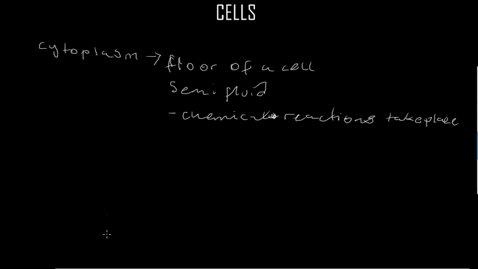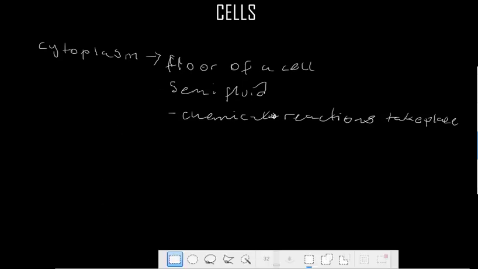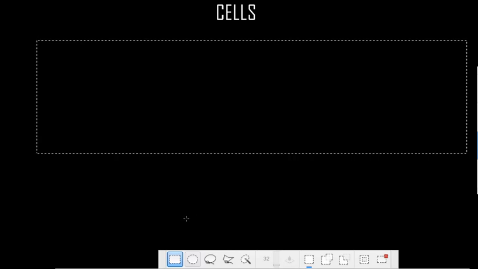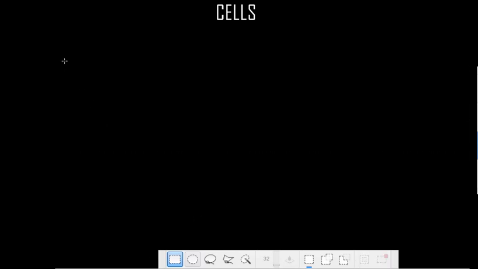And these three, let me just get rid of this. Okay. So these three, and by three, I mean the cytoplasm, the nucleus, and the cell membrane.